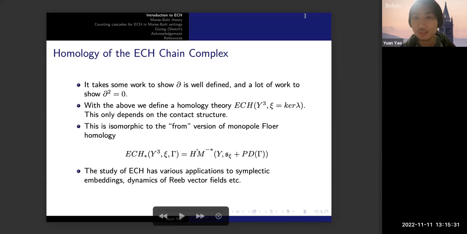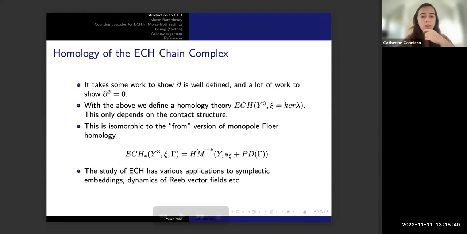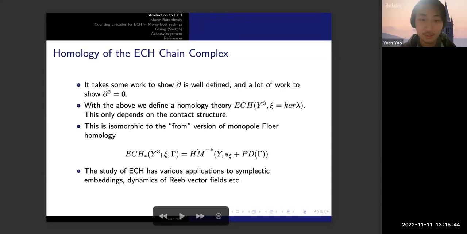Are there any questions? Could you remind us the definition of the items in this equality, like the gamma and the math frak S? Okay, so I haven't told you what gamma is. Good catch. Gamma is some further grading information on ECH.